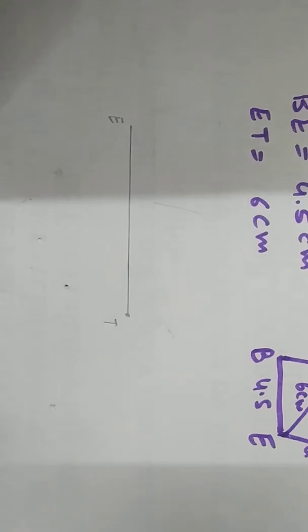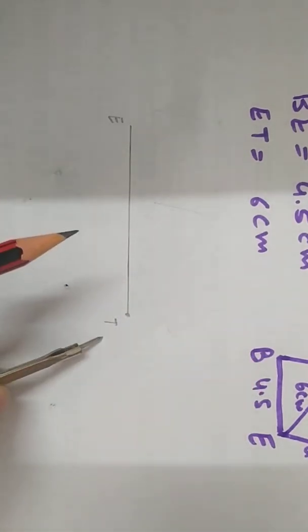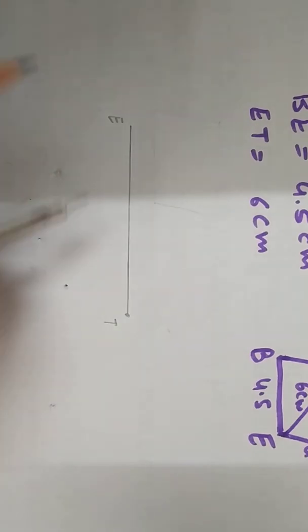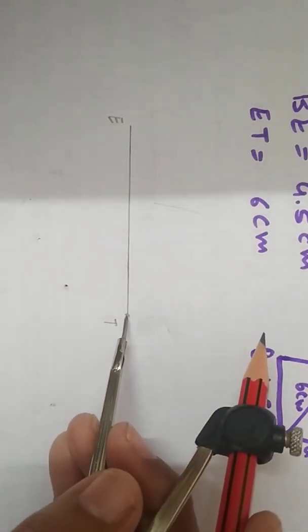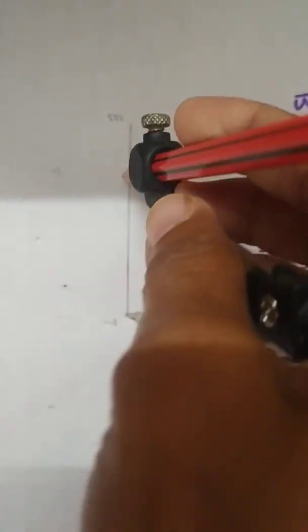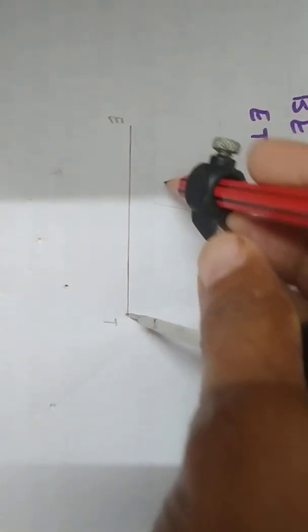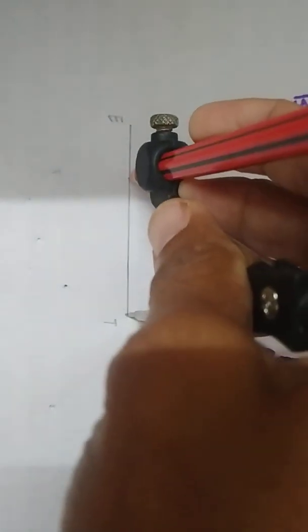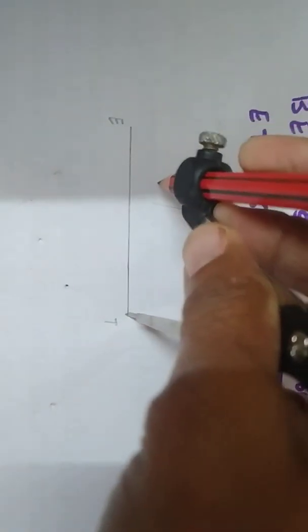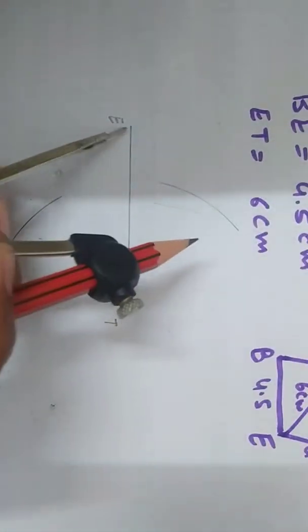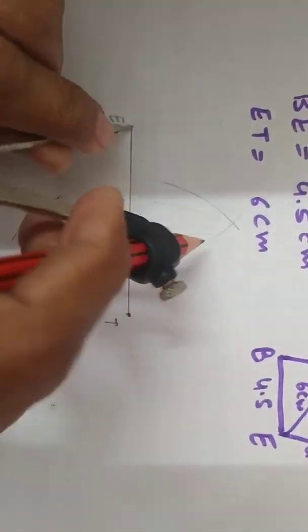Now one more property of a rhombus is that the diagonals of a rhombus bisect each other at 90 degree. So first of all, we will take the perpendicular bisector of this diagonal so that we can know its midpoint. For the perpendicular bisector, open the compass more than half of this line and then put an arc on both sides of the line, upper side and lower side.